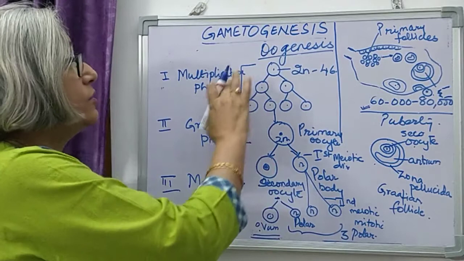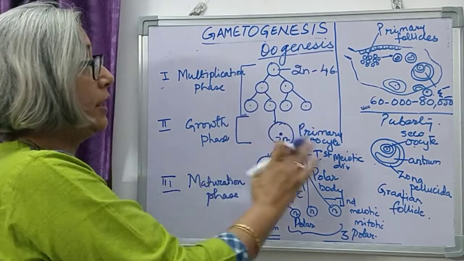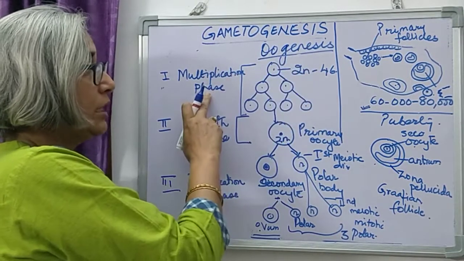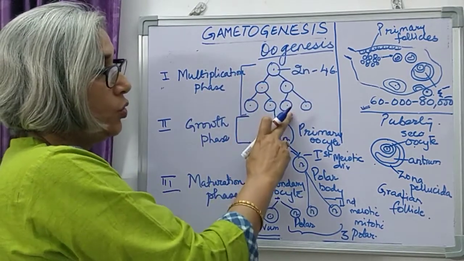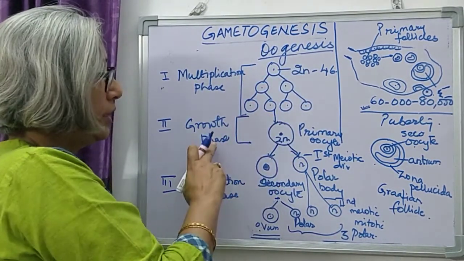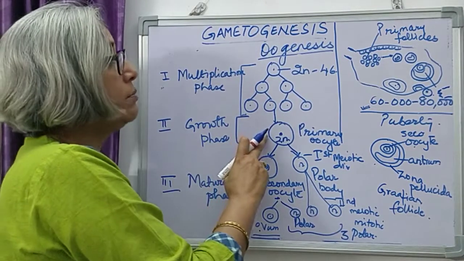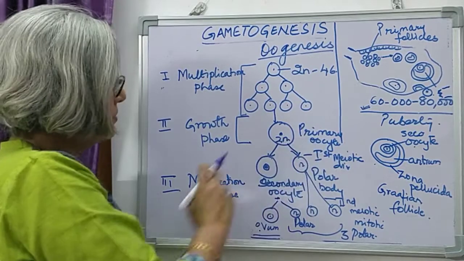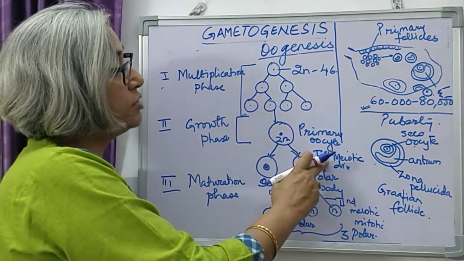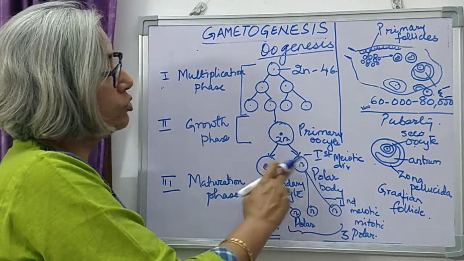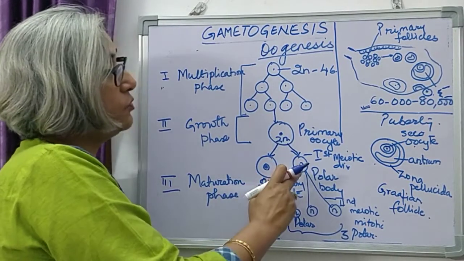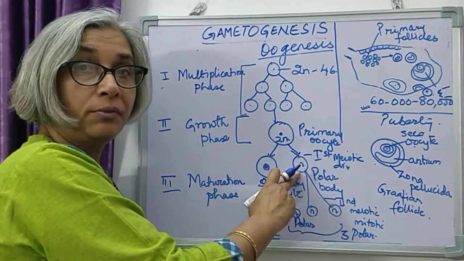Again, for a quick recap, there are 3 phases in the formation of the ovum: the multiplication phase, where the oogonia multiply, then the growth phase, where one grows big and forms the primary oocyte, then the maturation phase, where the first meiotic division takes place and the chromosome number becomes half. One secondary oocyte is formed and one polar body is formed.